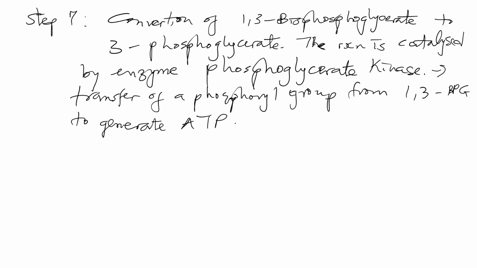So this is the first step of glycolysis where ATP is formed. So just put that down. So we're saying 1,3-bisphosphoglycerate to form 3-phosphoglycerate.